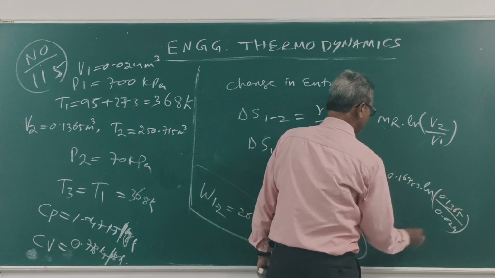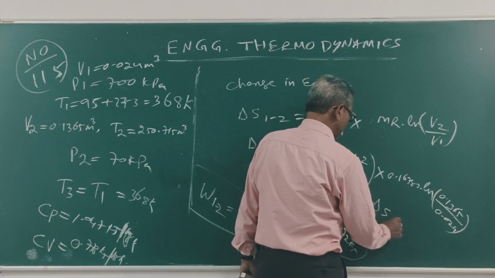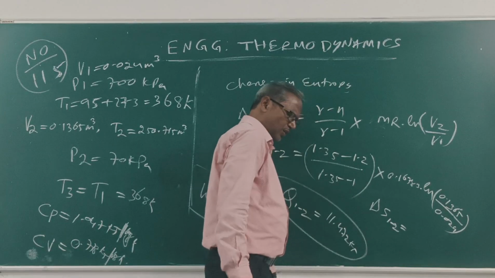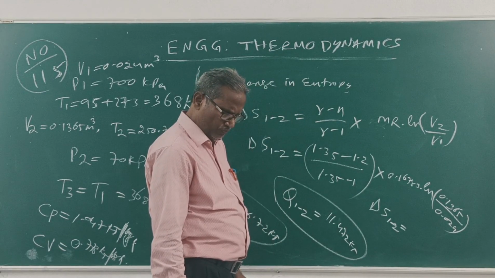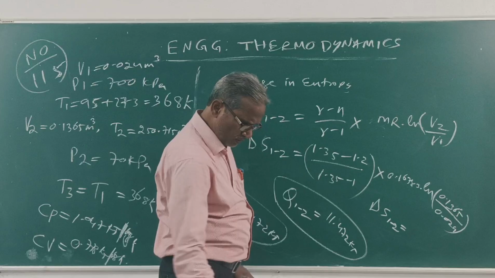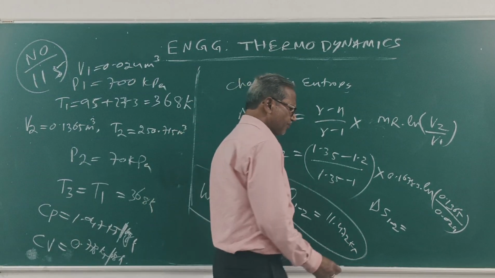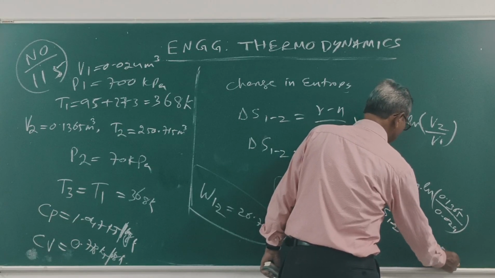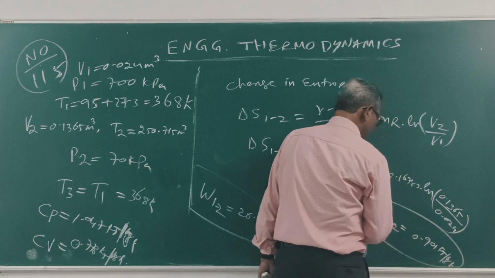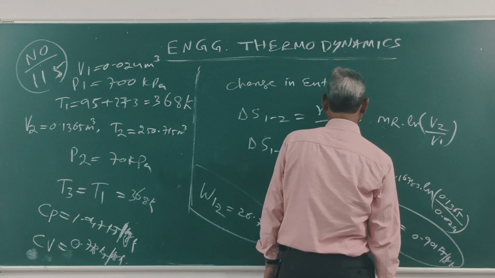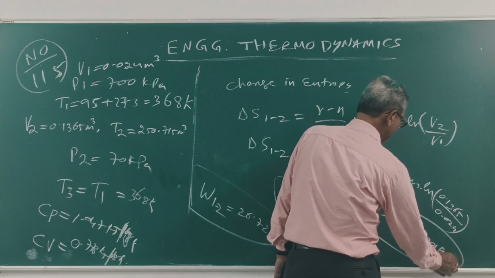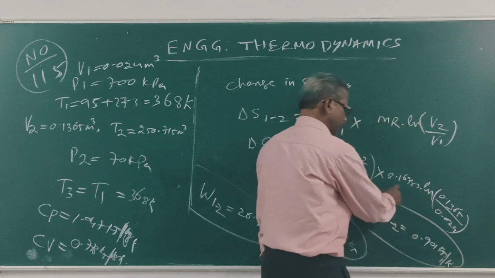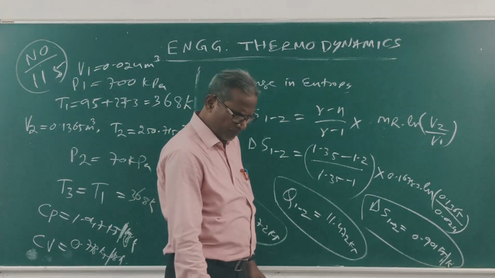Clear? Put the values, find delta S12. Now delta S12 is equal to 0.901 kilojoule per Kelvin. This is mass times, so kilojoule per Kelvin.